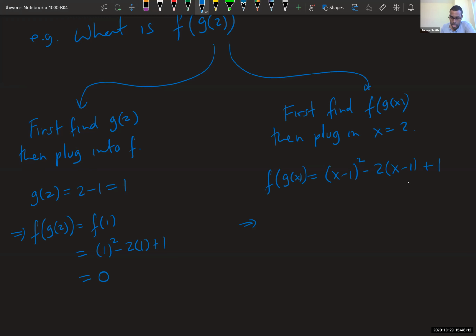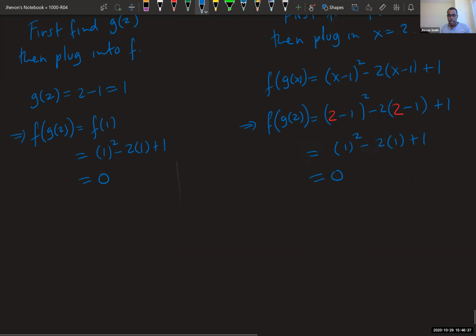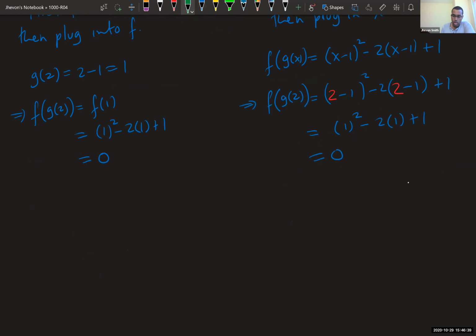And so f of g of 2 just means I'm going to plug in x equals 2. And so that becomes 1 squared minus 2 times 1 plus 1. You get 0 again.